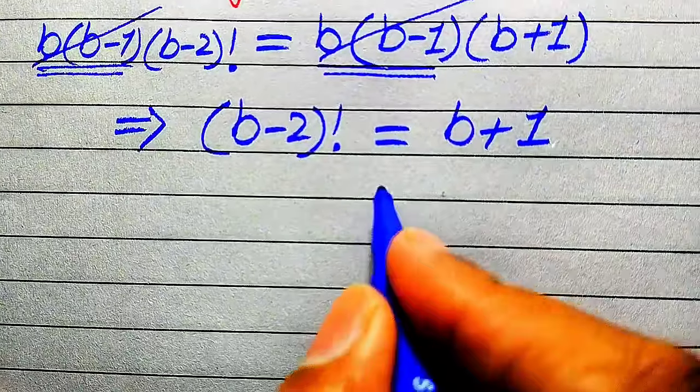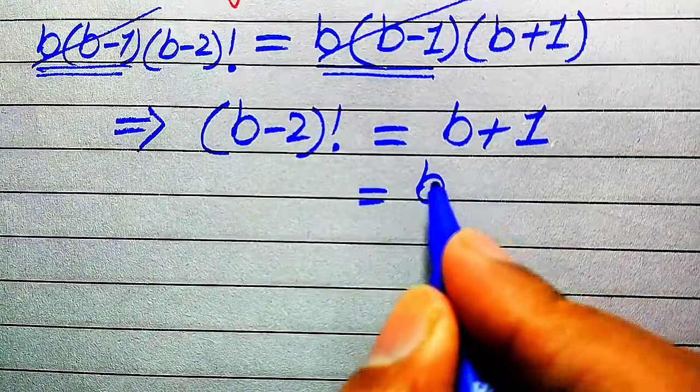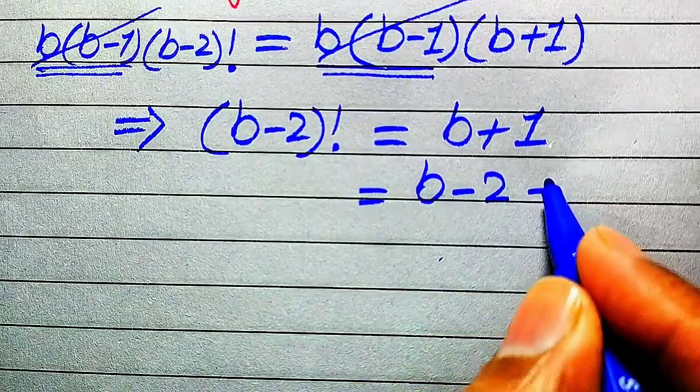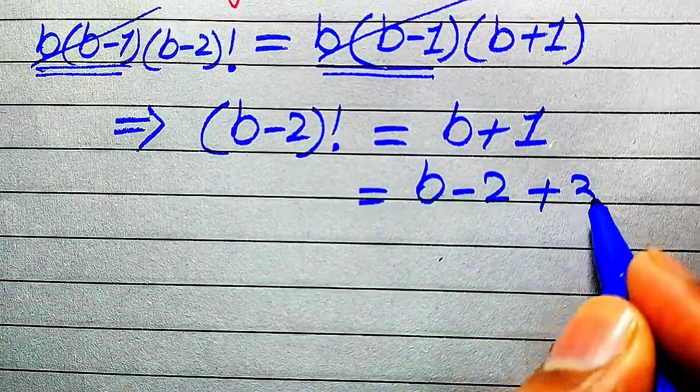Now we again write b plus 1 as b minus 2 plus 3, breaking it as minus 2 and plus 3 in order to make b minus 2 the same on both sides.